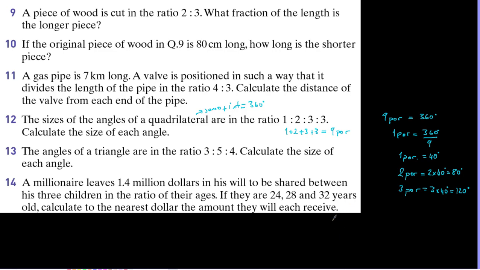So if we write with respect to the given ratios, 40, then 80, then 120, and then 120 again. With respect to this order, we have to write the angles.